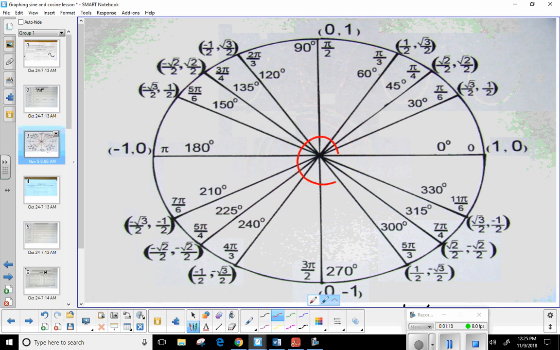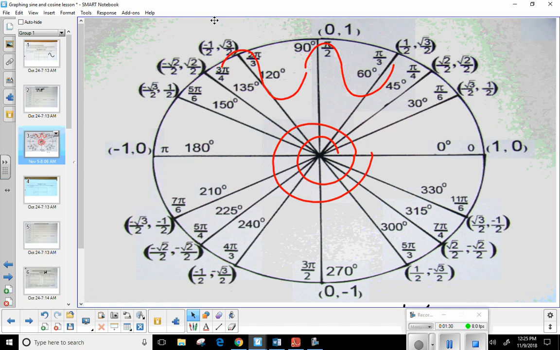One rotation around the unit circle is one cycle for sine. A second rotation would be a second cycle, and you can rotate as many times as you want. You can also rotate counterclockwise, which results in a cycle in the other direction. So we can just go forever.